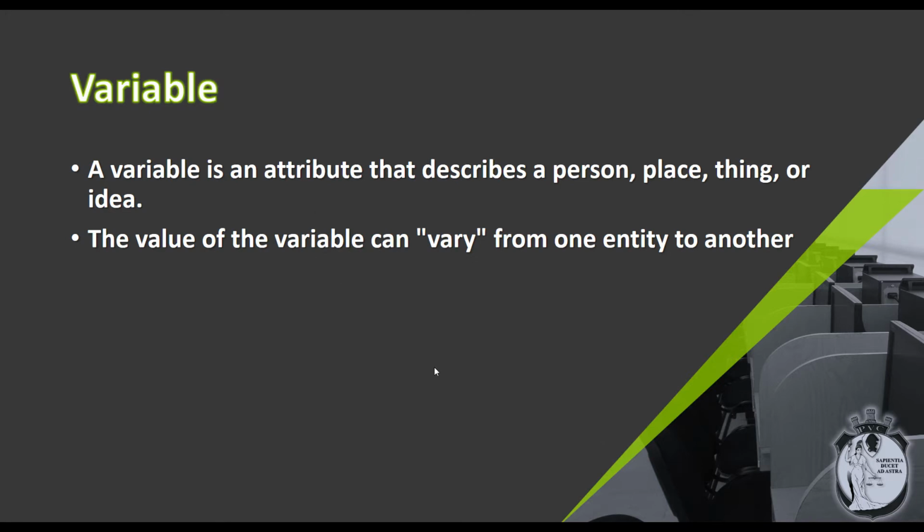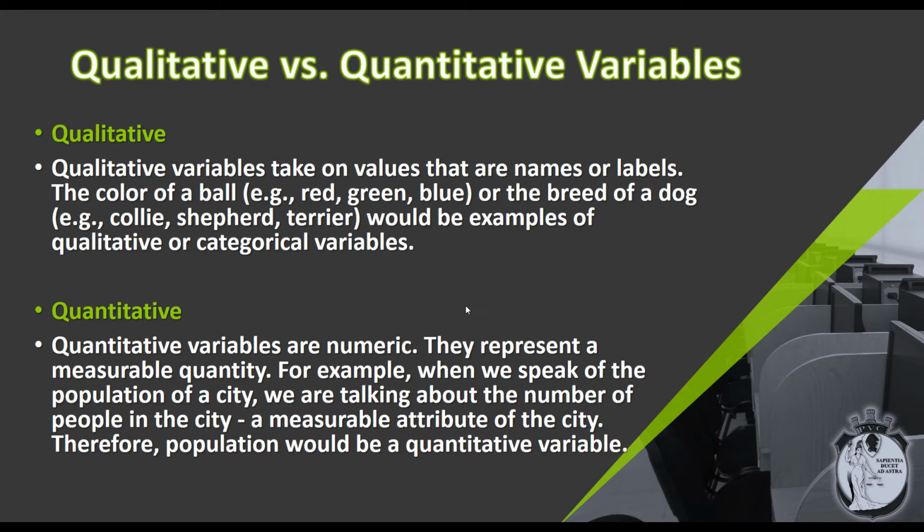Now we will see the variable. It's an attribute or a characteristic of the data that you will get or analyze. We have two kinds of variables. The first one is qualitative. Qualitative variables take values like names or labels, for example red, blue, green.